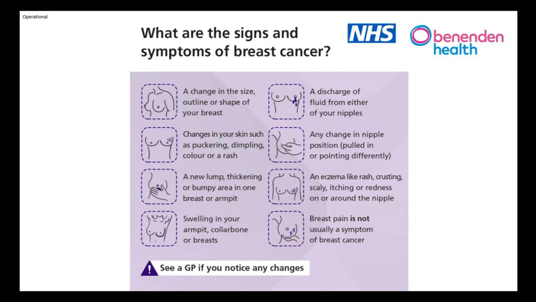Sometimes you might get fluid leaking from the nipple when you're not pregnant or breastfeeding. You can also get changes in the position of the nipple, which can become inverted rather than everted. It's always important to get any breast lumps checked out by your GP, and they'll arrange some tests and let you know if your lump is cancer or not.